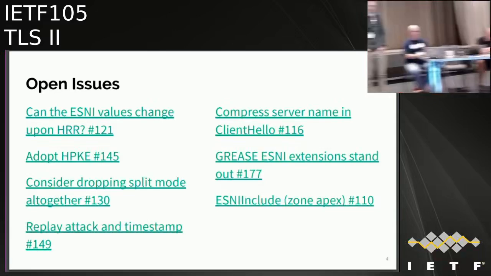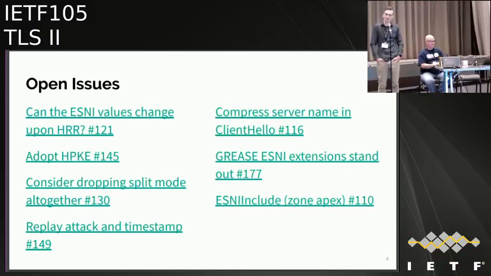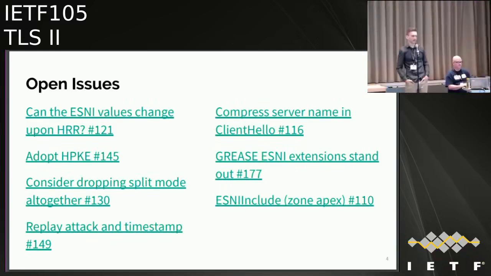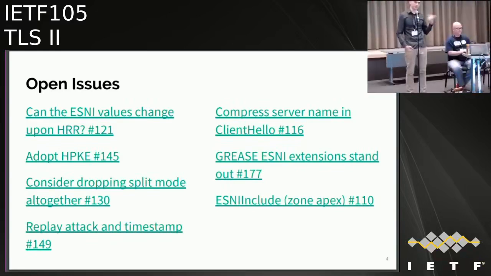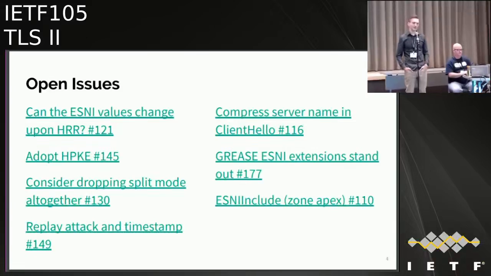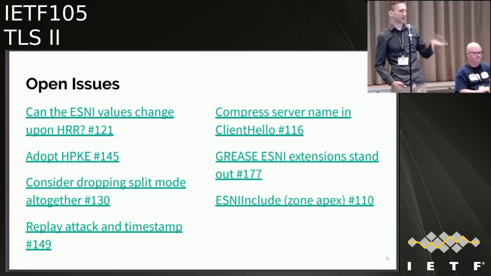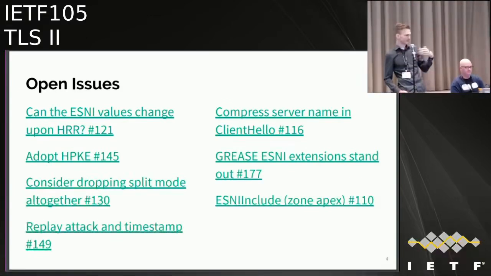In particular, compressing the server name in the ClientHello, whether or not that's something we want to do. There's not been much activity on that issue. The GREASE ESNI extensions was the issue I was referring to earlier from David Benjamin, and then the ESNI include the DNS zone apex problem. Patrick had a PR that needs to be updated to address it, and potentially we can do that at some point, or we just do the HTTPS service record thing. Anyways, next slide, please.